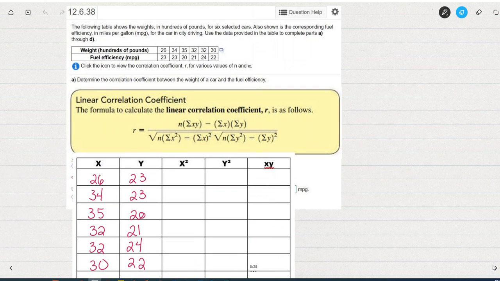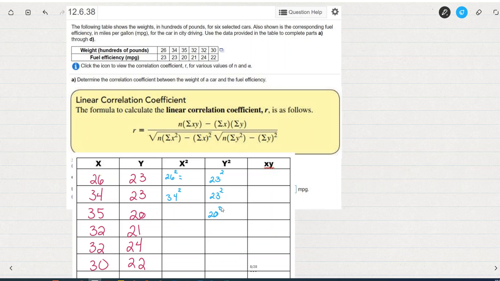Once I fill in the chart with the x's and y's, I can do the x squared column and the y squared column. So the x squared column is 26 squared, 34 squared, and so on. The y squared column is 23 squared, and it looks like that one repeats.